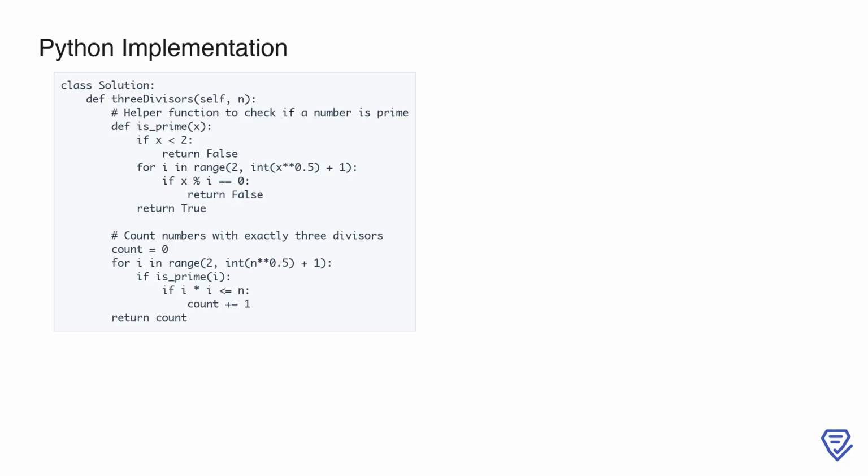Checking the square. For each prime p, the algorithm checks if p squared is less than or equal to n. If so, the count is incremented. 5. Returning the count. Finally, the count of numbers with exactly 3 divisors is returned. The overall complexity of this solution is efficient due to the prime checking optimization and the limited range of iteration, up to the square root of n.